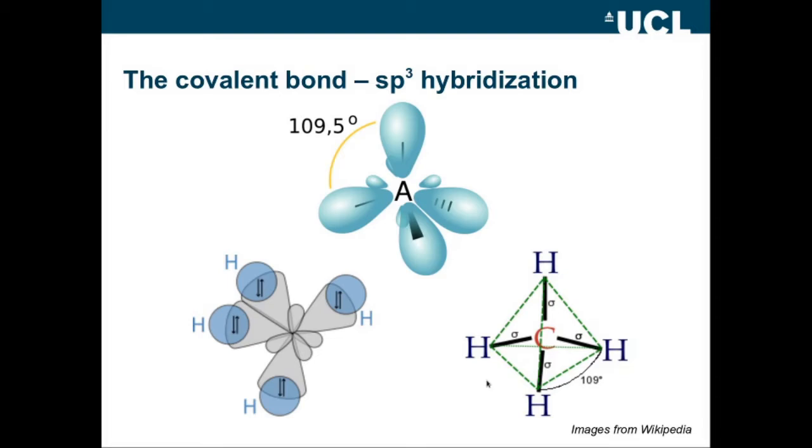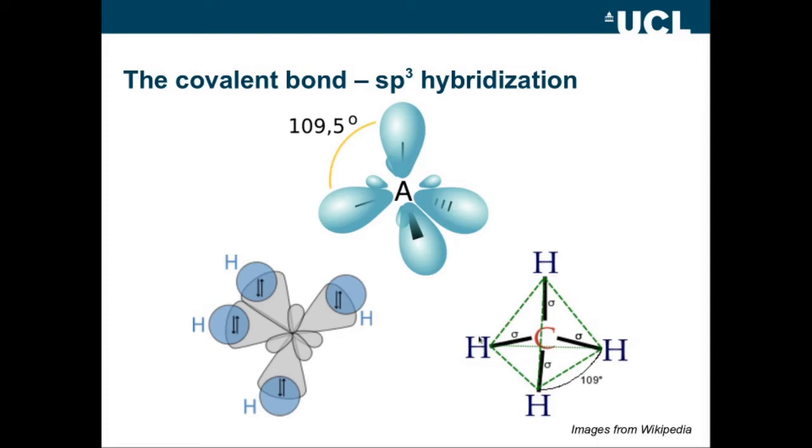Now, of course, the next feature of a bond is that often atoms such as carbon don't just bond to one other atom, they can bond to two or more. And depending on the hybridization of the atom, we get different optimum bond angles. So the bond angle, of course, is defined by, in this case, a hydrogen, a carbon at the middle, and another hydrogen here.